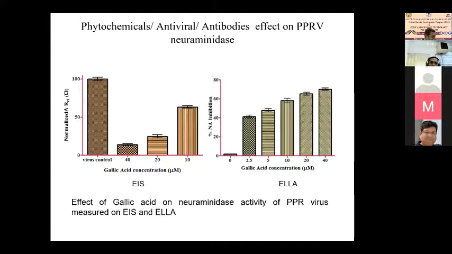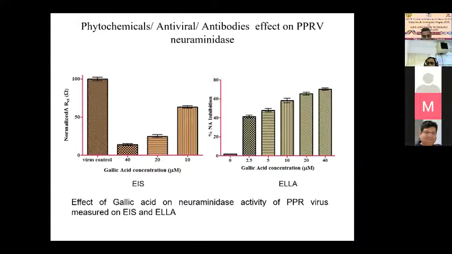Here we have a normalized delta RCT at 100 for the virus control. When we use the virus under the inhibition mode with a concentration of 40 micromolar, it is very much reduced. At 20 micromolar it is reduced, and by the percentage you can see how much is the change. Even at 10 micromolar, you see almost a 40% reduction of the neuraminidase activity. So gallic acid is found to be a very good inhibitor of the neuraminidase activity.